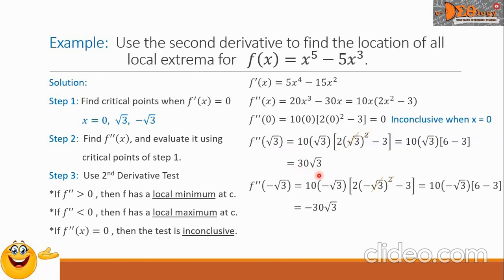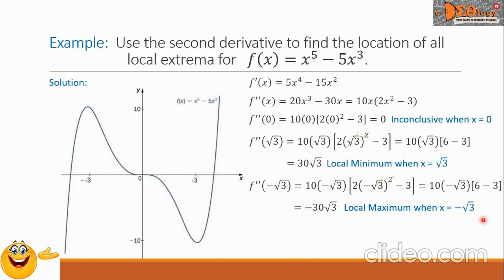Since this is positive, we say that there is a local minimum when x is equal to square root of 3. For the third critical point, we have f double prime of negative square root of 3, and we found out that the answer is negative 30 square root of 3. Since this is negative, we say that there is a local maximum when x equals negative square root of 3.